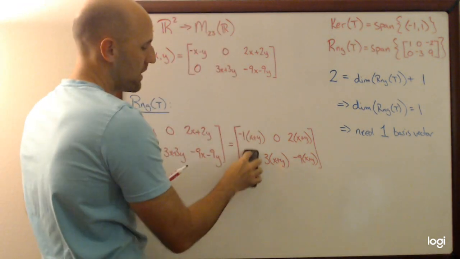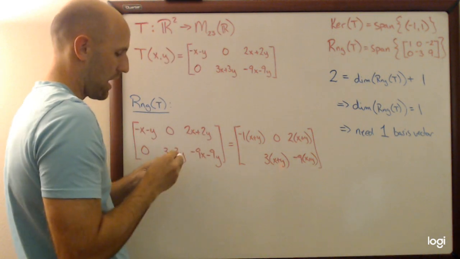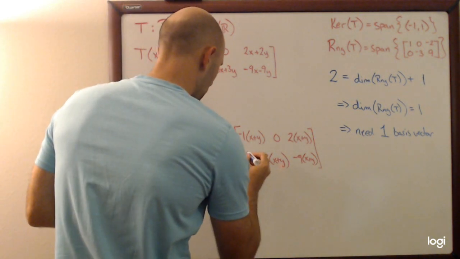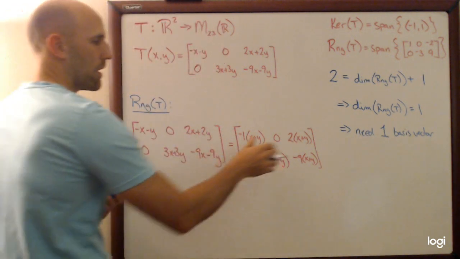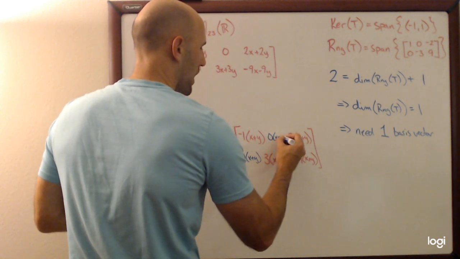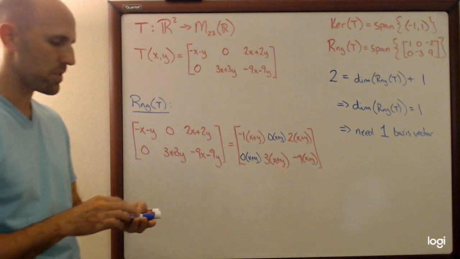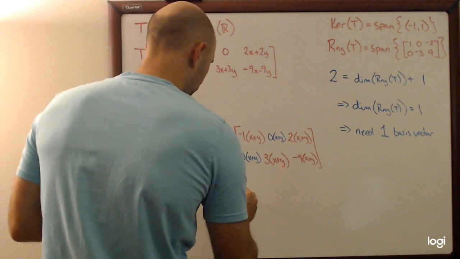Well, is there any difference between writing 0 here and instead writing 0 times (x plus y)? And here, instead of writing 0, write 0 times (x plus y). And so now every single one of these terms is really some multiple of x plus y. Well, let me factor that out.